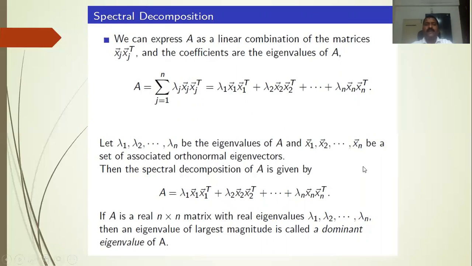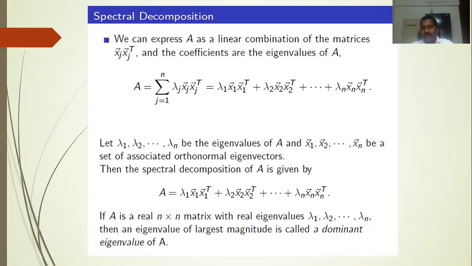Let lambda 1, lambda 2, up to lambda n be the eigenvalues of A, and x1, x2, up to xn be the corresponding orthonormal eigenvectors after normalizing them. Then the spectral decomposition of A is given by A equal to lambda 1 x1 x1 transpose plus lambda 2 x2 x2 transpose, and so on up to lambda n xn xn transpose. That's basically reconstructing A.